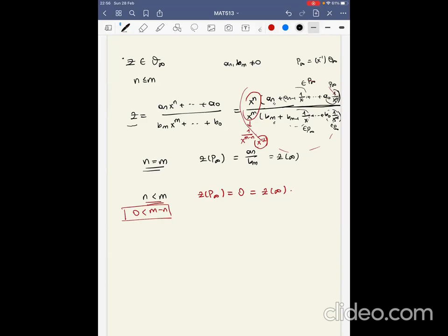For the rational function fields, so far we have considered two types of places. One is determined by the irreducible polynomial p(x), and the other one is P infinity, which is generated by x inverse.